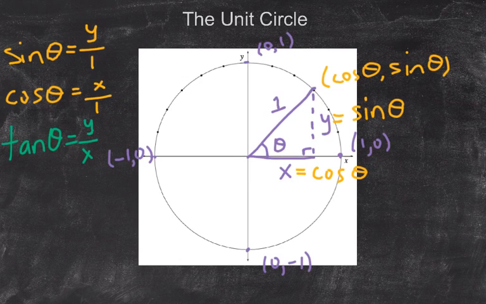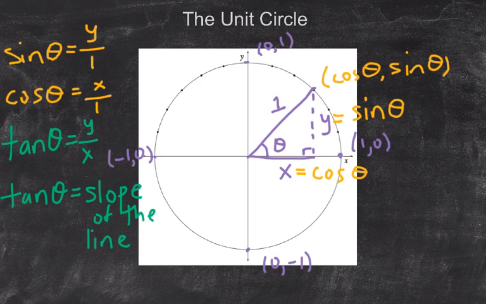I also remember that the tangent ratio was first derived from a slope ratio. So the tangent of theta is also the slope of the line. And this is going to be really important when we're trying to interpret what it means to have the tangent of a certain angle measure, or the sine or cosine of a certain angle measure.